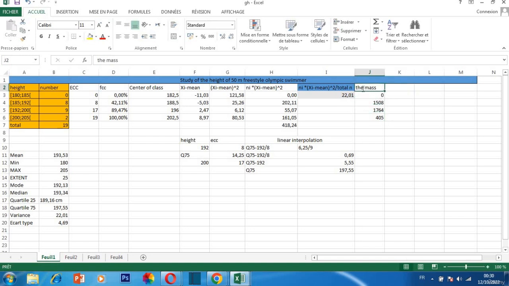The second thing we do is to calculate the cumulative mass, but in percentile.